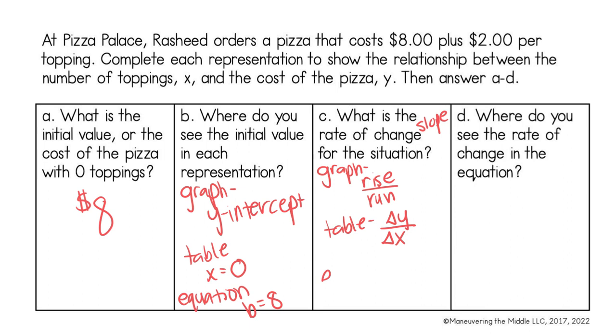And then in the equation, it's just where your m equals whatever. And in this case, our m equaled 2. And look, on D, it asks, where do you see the rate of change in the equation? We already said it is our m, and in this case, m equaled 2.